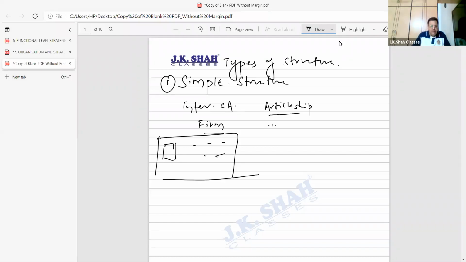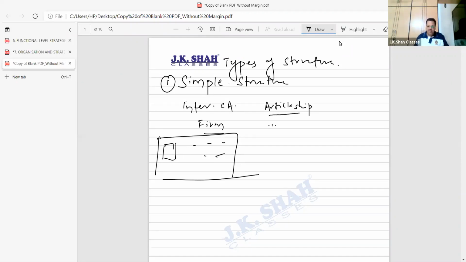Now what? Now, beta, in this firm, you realize there are 5 to 6 people in all. One boss and 4-5 articles. And that is an organization, that's an office. And now in such a kind of an office, what kind of a structure do you have? What kind of a hierarchy is there? To be very precise, such a form of structure is a simple structure.